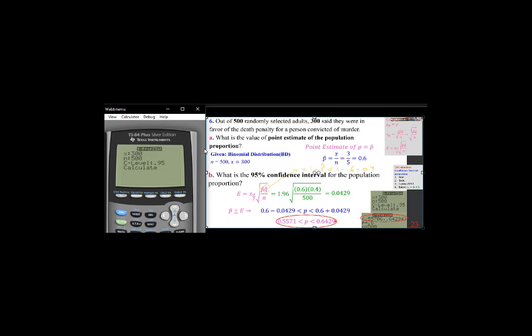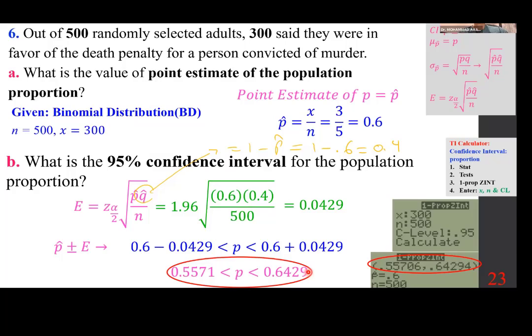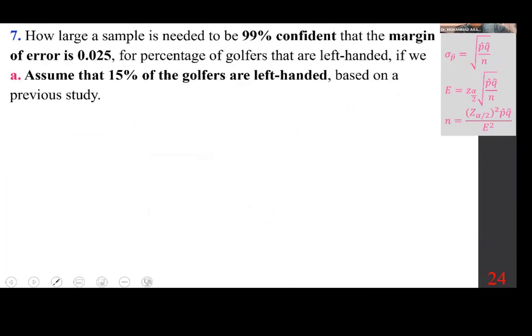X is 300, N is 500, confidence level is 95%, and you select calculate, and when you calculate, you would see the results very close to what we have here.